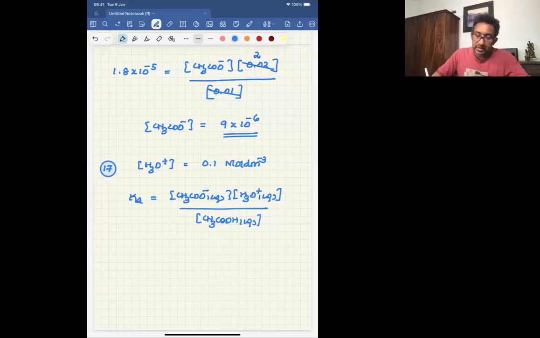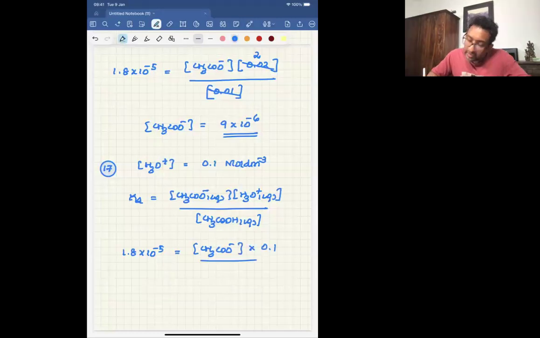Ka is 1.8 × 10^-5. CH3COO⁻, hydronium is 0.1. Acetic acid, the concentration is 1 molar.